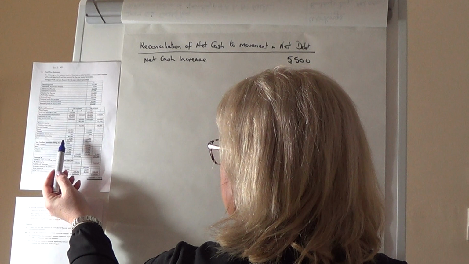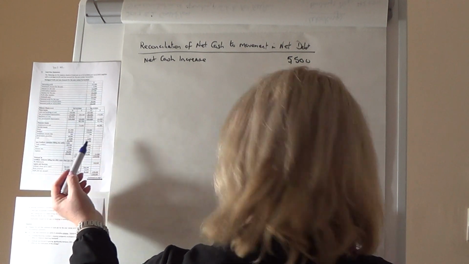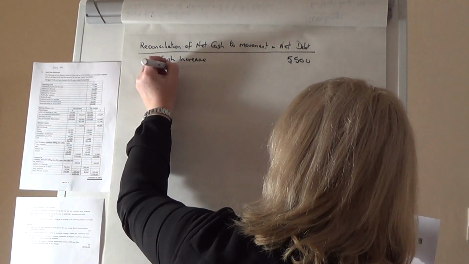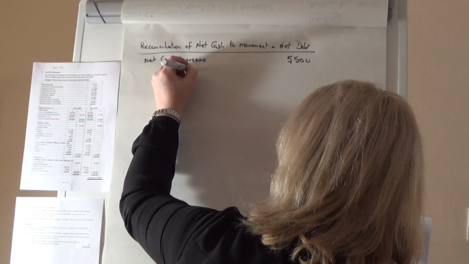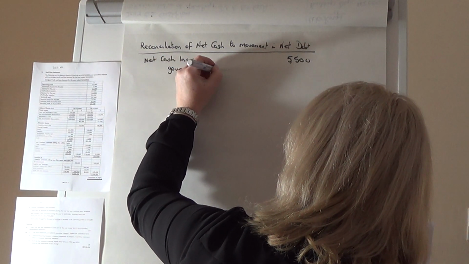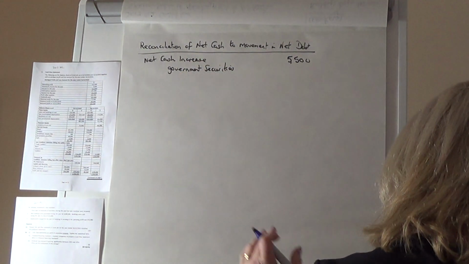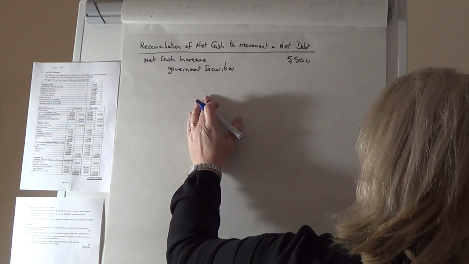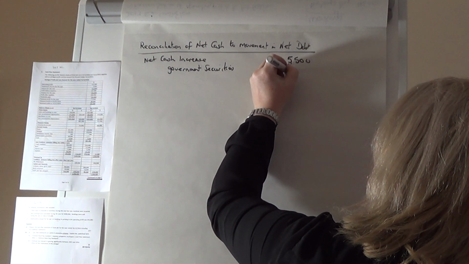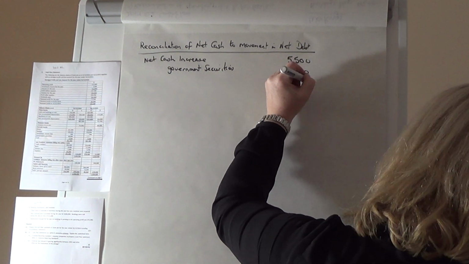So if we look there at the government securities, we used cash to purchase those government securities, so there was 40,000 used there.